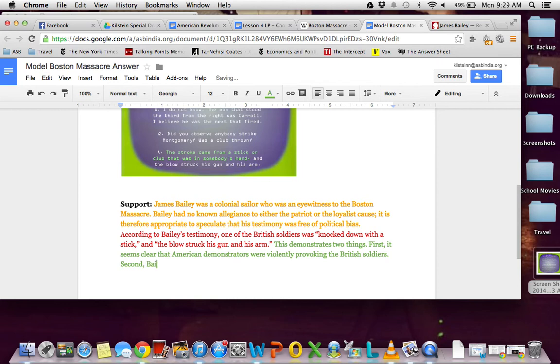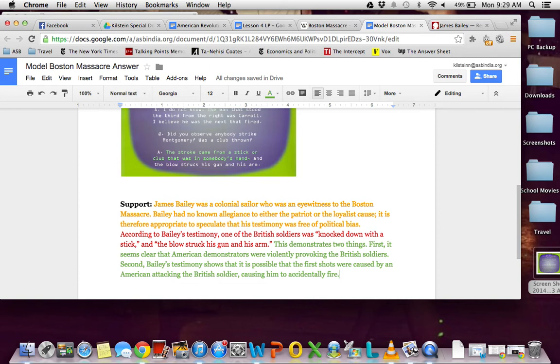Second, Bailey's testimony shows that it is possible that the first shots were caused by an American attacking the British soldier, causing him to accidentally fire. And I say that because the stick hit his gun and his arm.